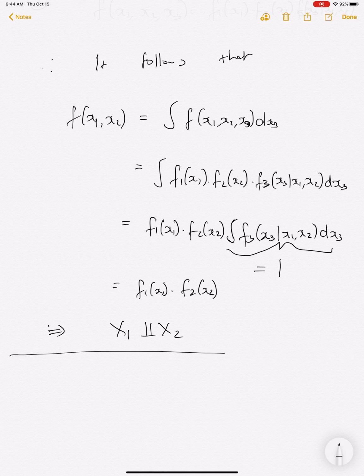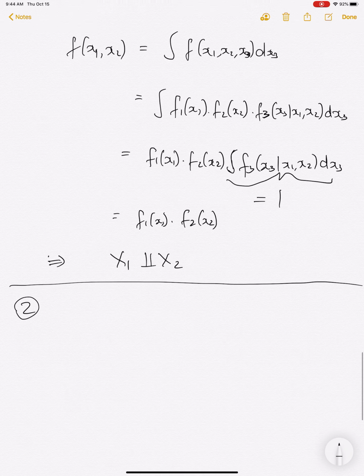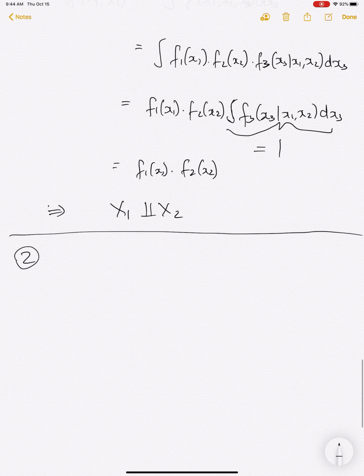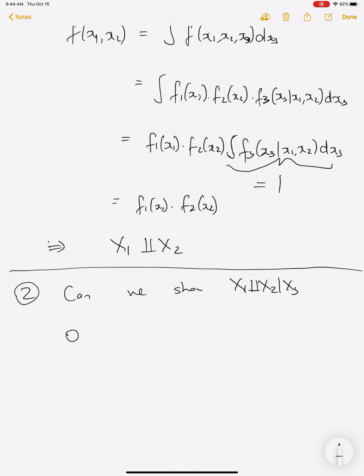And similarly for example 2, just to write out the graph again and to do the factorization again.